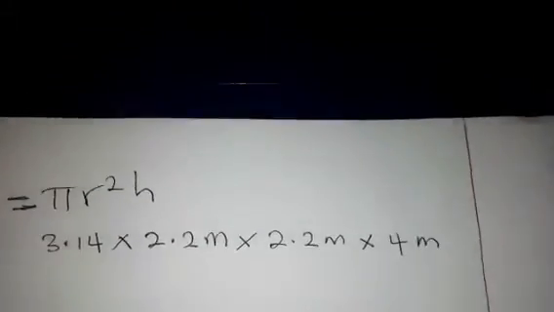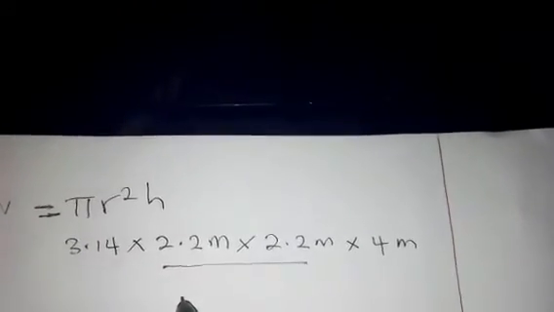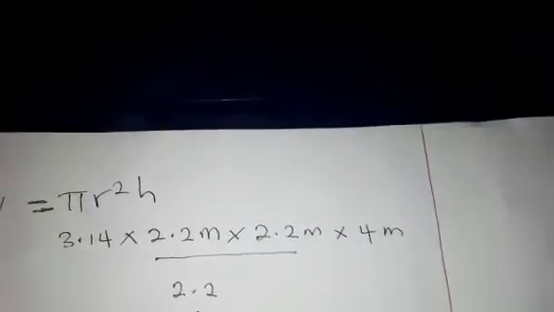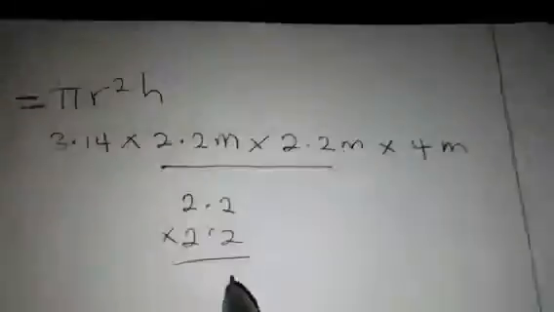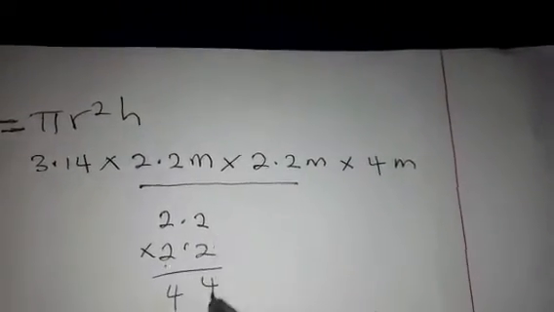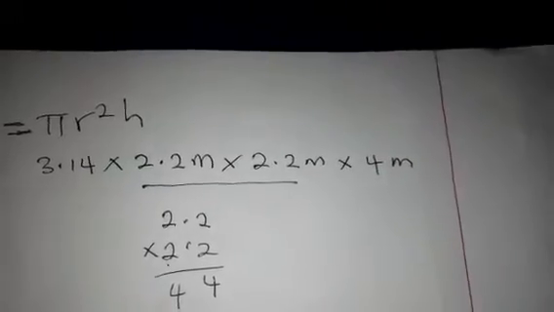Now we have to solve for this. We have 2.2 times 2.2. 2 times 2 is 4, and 2 times 2 is 4. Let's add.